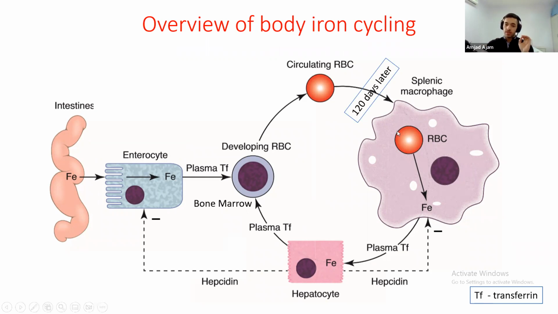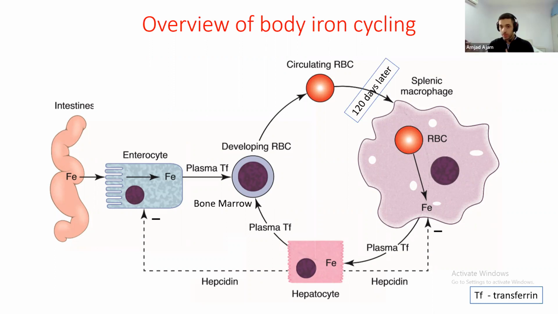So when the RBC goes to the macrophage, what will happen? It will be destroyed by the enzymes within the macrophage, therefore releasing this iron. Now this iron will be either stored in the macrophage or the hepatocyte, or it will be released. It depends on the amount of iron that the bone marrow requires. If we need iron, it will be released.